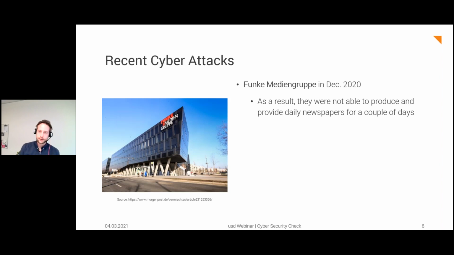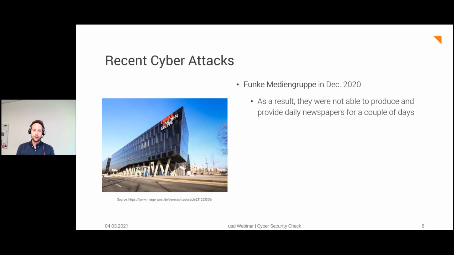So there's a German media group called Funke Mediengruppe, and they offer daily newspapers and regular papers and stuff like that. And they were attacked, they were hacked, and I think it was a ransomware, which as a result, they were not able to produce a daily newspaper.